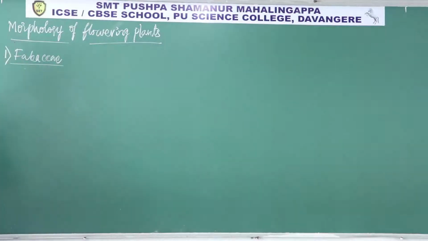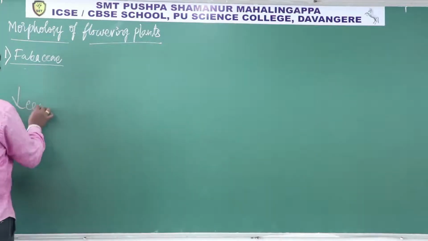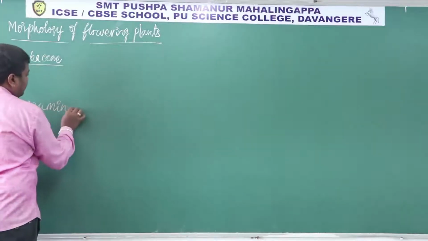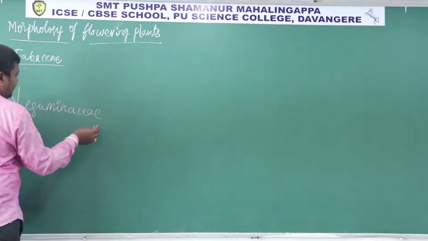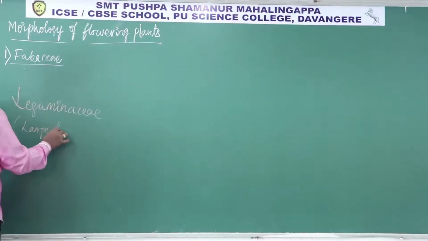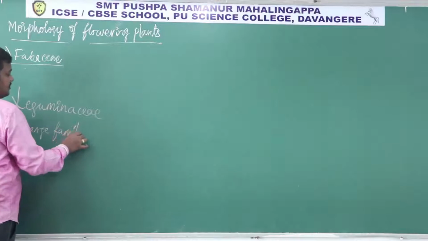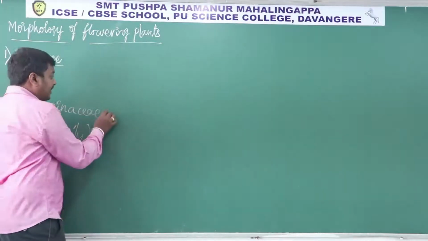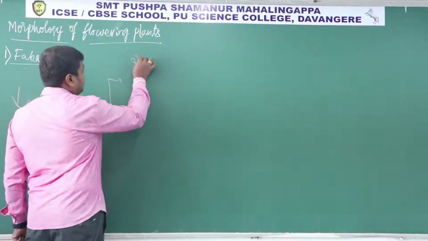So this Fabaceae is a subfamily which comes under a large family called Leguminosae. This is one of the large families, and this Leguminosae family is again divided into subfamilies.